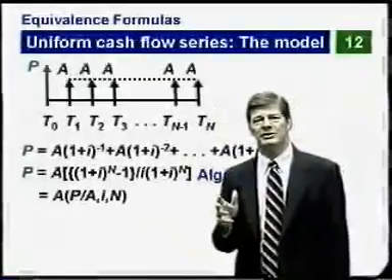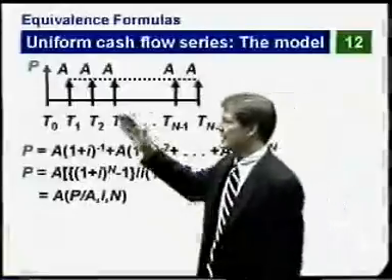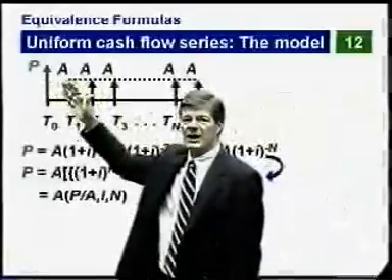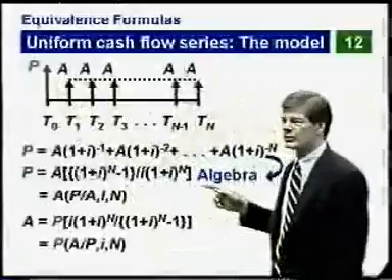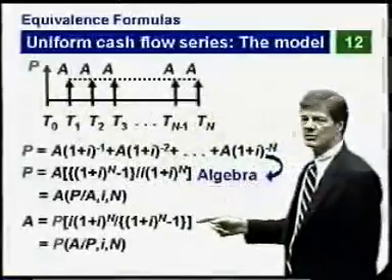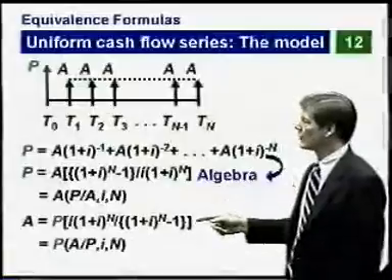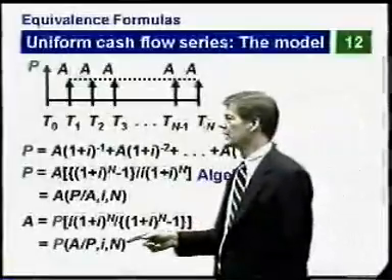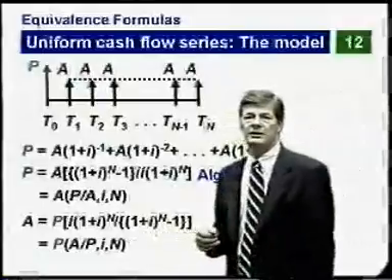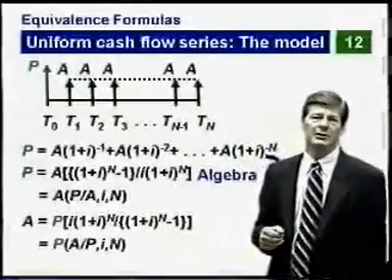As before, there will be situations where we may be given P and have to solve for A. So all I have to do, of course, is take the reciprocal of this formula to produce this outcome. And I can represent this expression by the equivalence factor, find A, given P, at interest rate I for n periods.